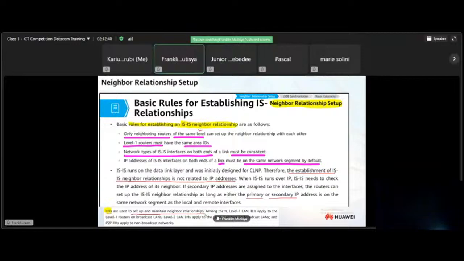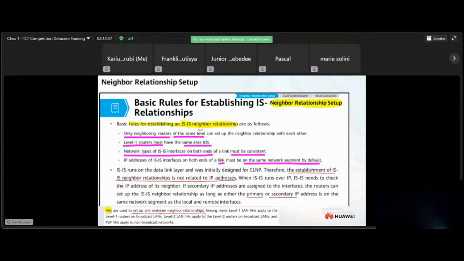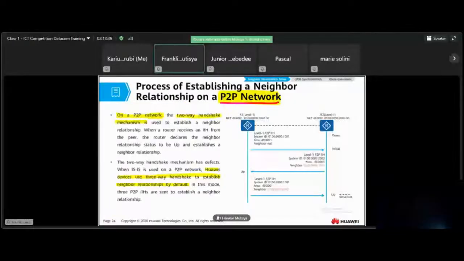Hello packets are used to establish a neighbor relationship and sustain it. Once the ISIS network is stable, routers will still send hellos at a periodic interval of time. This is to ensure that the neighbor has a two-way handshake mechanism.